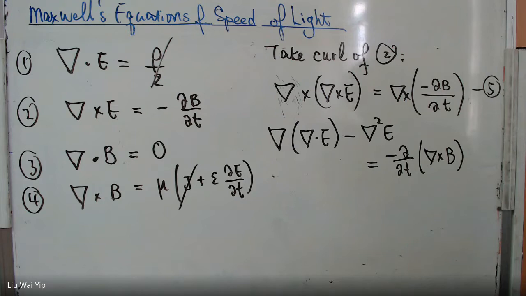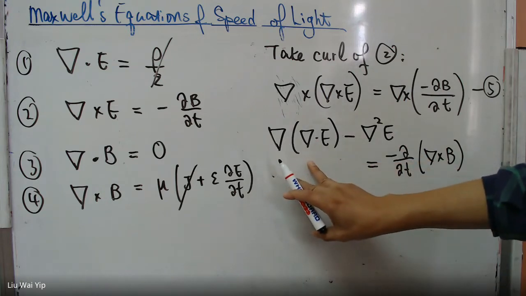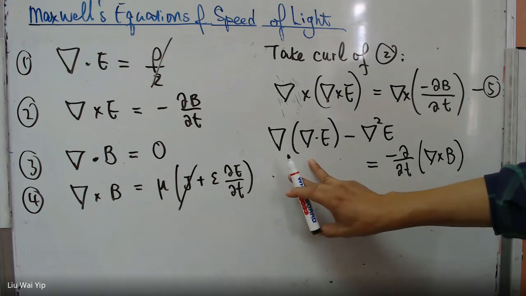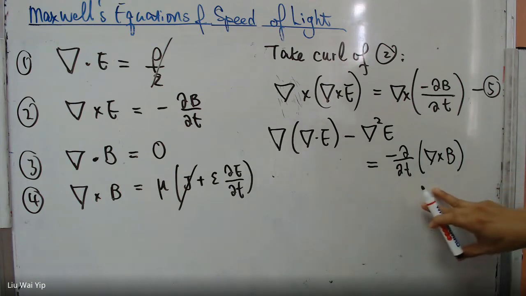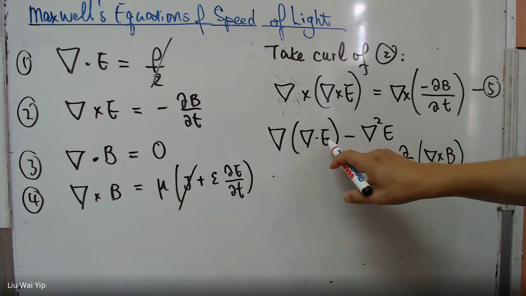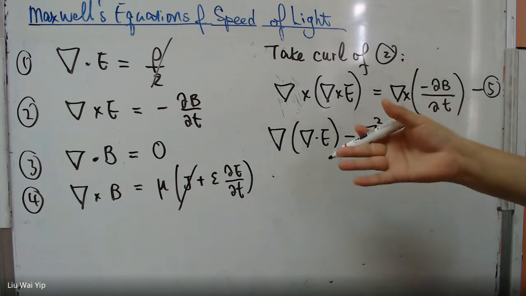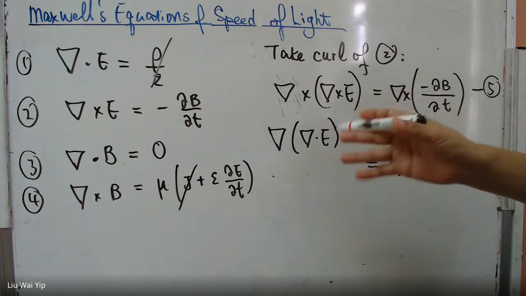Now, we can make use of our initial assumption to simplify this equation. First, divergence of E. We have already assumed that the space that we are dealing with is totally neutral.